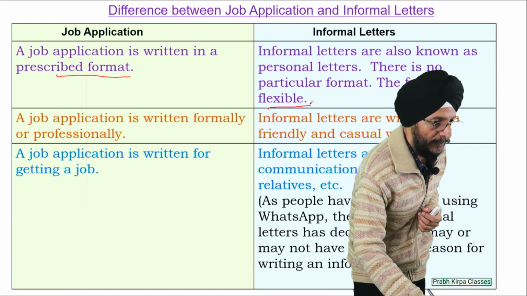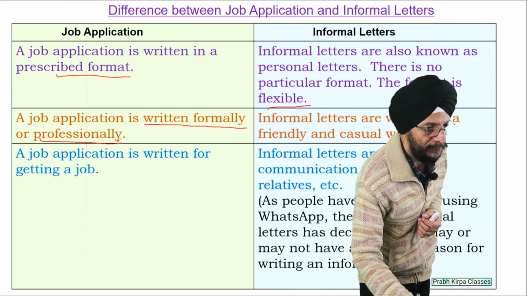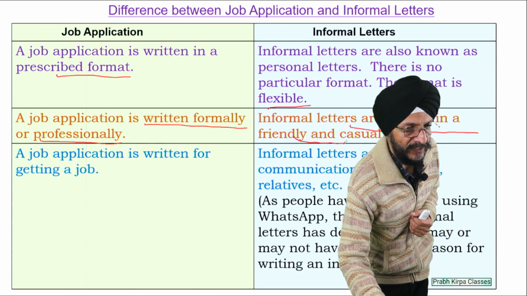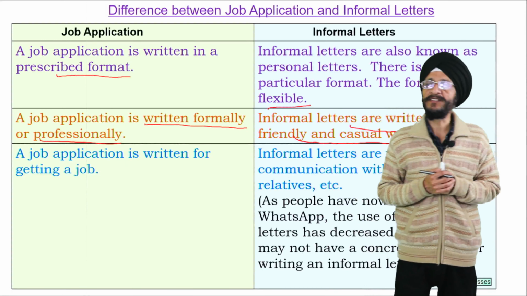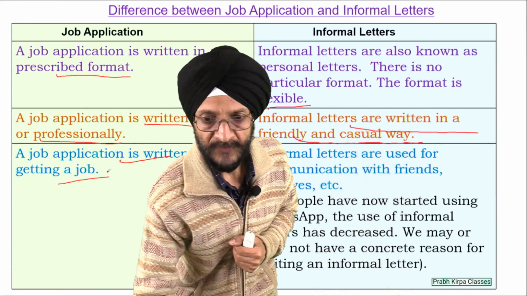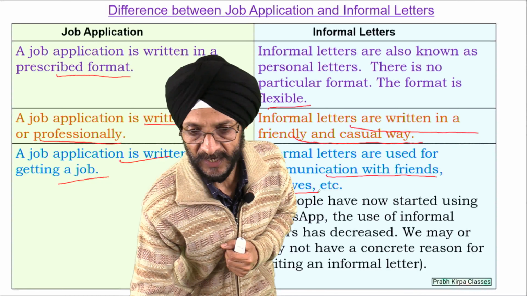Now, second point, a job application is written formally or professionally. Informal letters are written in a friendly and casual way. A job application is written for getting a job. On the other hand, informal letters are used for communication with friends, relatives, etc.